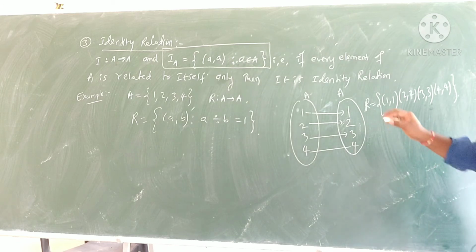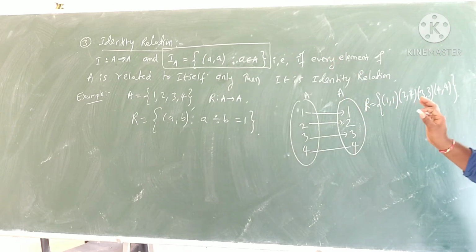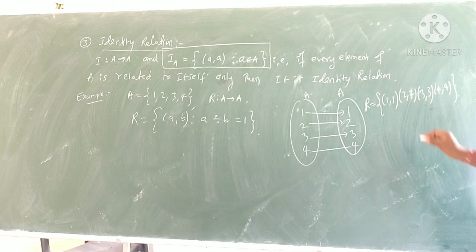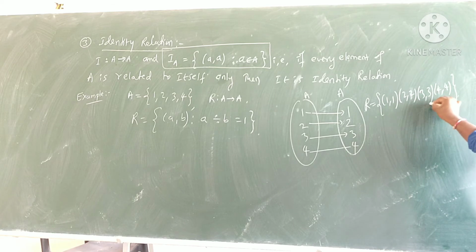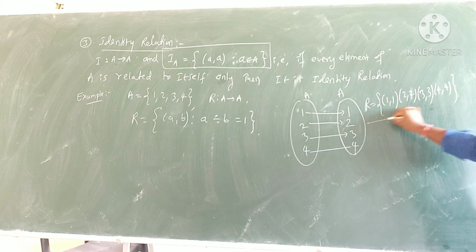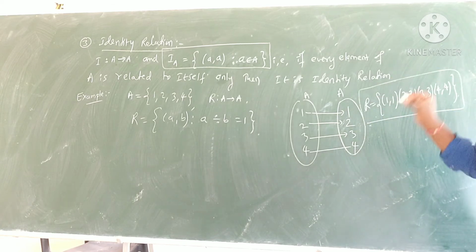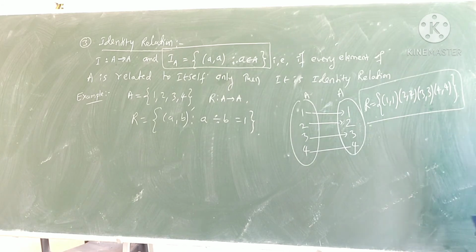reflexive also looks like this, but there is a slight difference in reflexive. Identity relation is what? Same. 1 comma 1, 2 comma 2, 3 comma 3, 4 comma 4. R is the relation. When you have 1 comma 1, 2 comma 2, 3 comma 3, 4 comma 4, see 1 divided by 1 how much? 2 divided by 2? 3 divided by 3? 4 divided by 4?